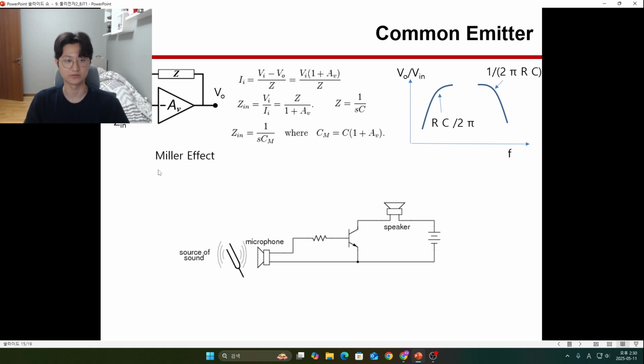So we use circuits like a high pass filter or low pass filter.